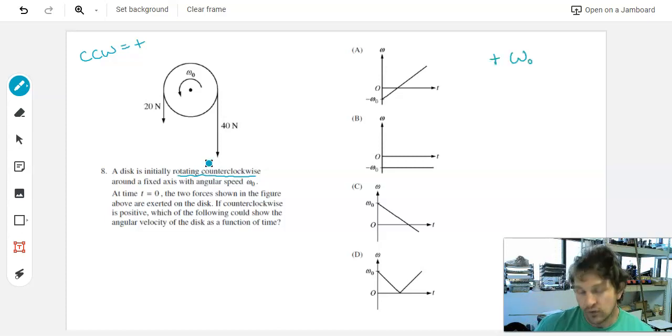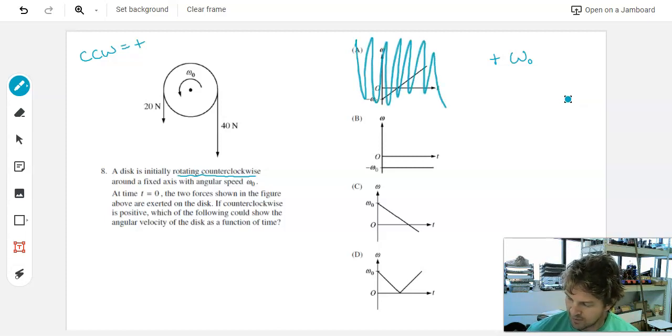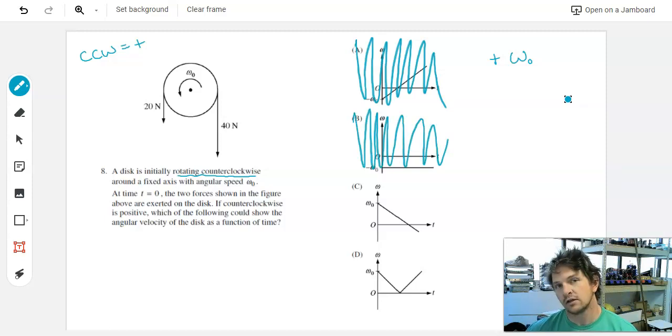And these are all angular velocity graphs because it's going counterclockwise, right? That's why it's positive. So anything that has a negative angular velocity to start is wrong. So A, immediately out. B, immediately out. So now I just have C and D to choose between.